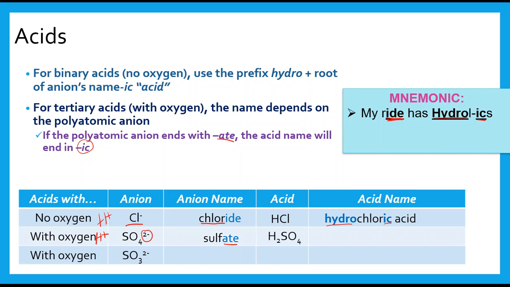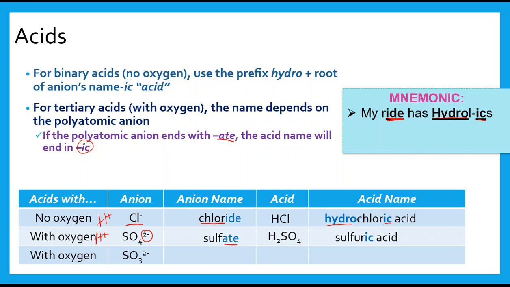Now this is where it gets a little strange, especially for sulfur and for phosphorus. Whereas before we would drop a lot of the name at the end, like we didn't call it sulfuride, we called it sulfide. Well, you're going to keep the fur in this time. So all we do is change the ate to ic. This is going to be sulfuric acid. And same thing with if you have phosphorus.